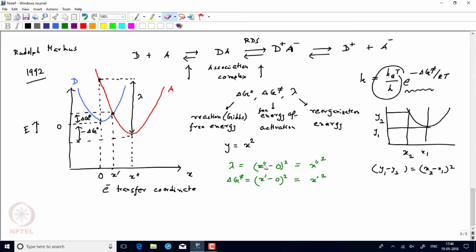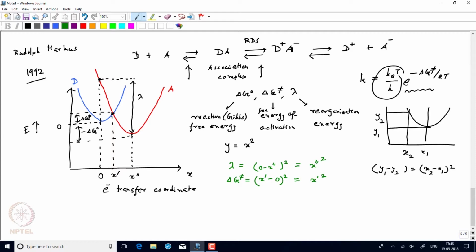Ideally for this reorganization energy, if we follow exactly the way I have drawn, the origin is at x double prime, so it will be 0 minus x double prime squared, but since we are squaring it, it is the same. Now we already have expressions for lambda and delta G dagger.